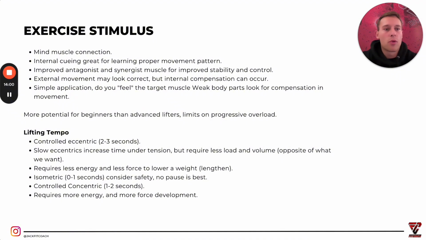Lifting tempo is also important. We want to control your eccentric phase. That's the lengthening of a muscle. That does last 2 to 3 seconds, increasing time under tension, but requires less load and volume, which might not align with your goal of maximizing hypertrophy and strength, but it definitely is needed to build muscle. Although slow eccentrics use less energy and force, they are beneficial for muscle control and technique refinement.